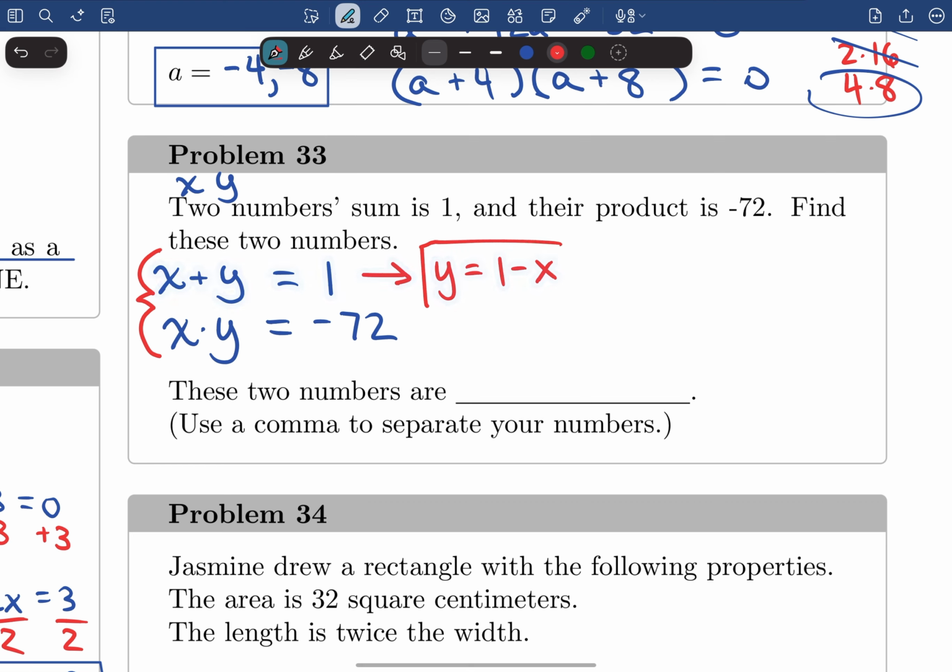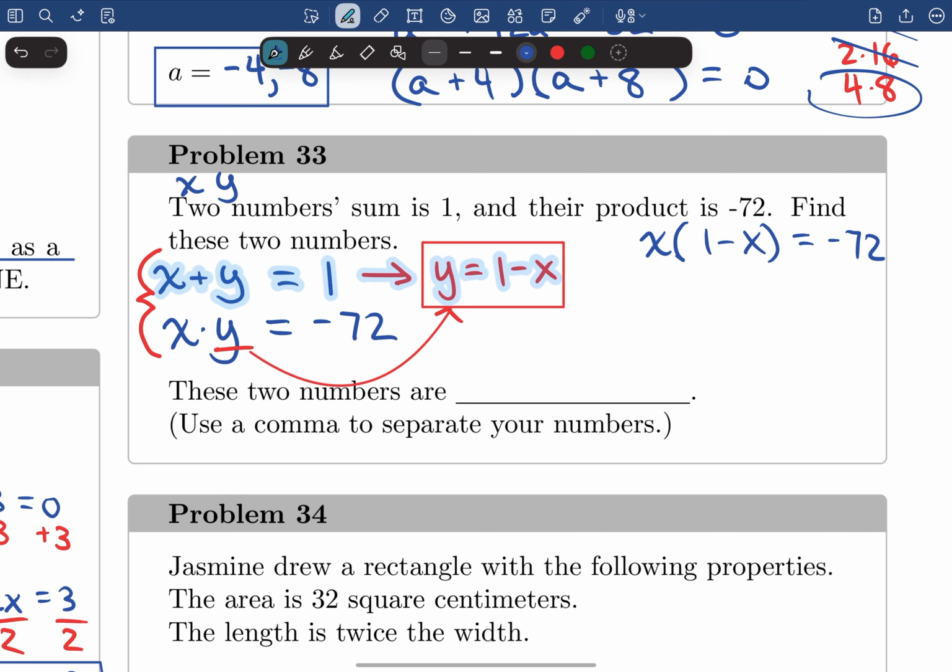Or you could have solved it for x instead of y. I solved it for y. Whatever floats your boat. And now you could take this y down here in the second equation and replace it, right? Substitute with this, 1 minus x. So I can now write the bottom equation as x times 1 minus x equals -72, like that.